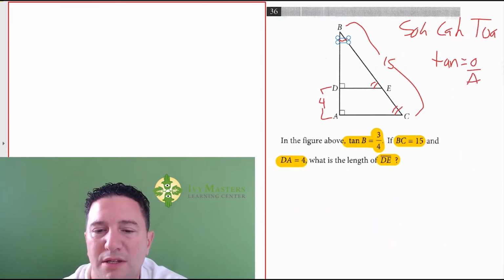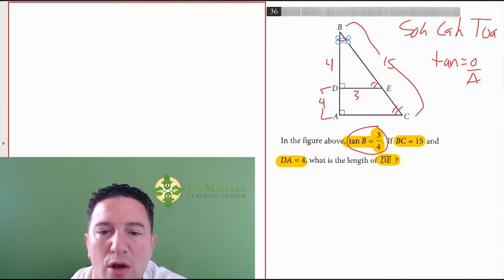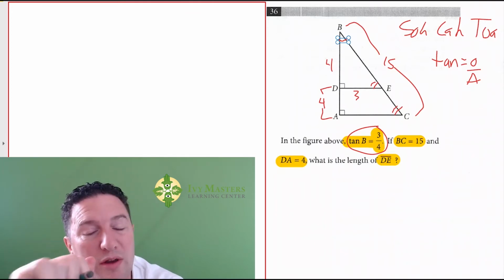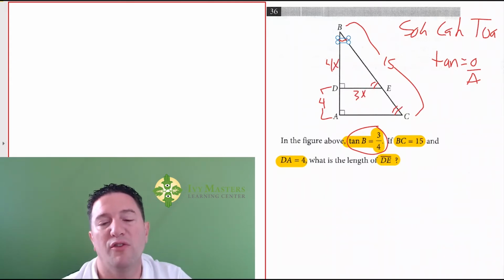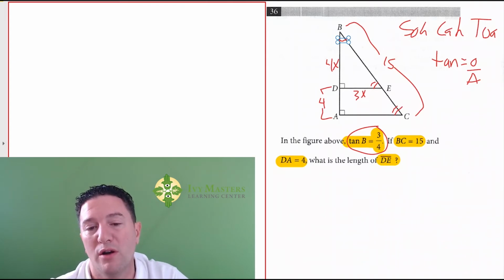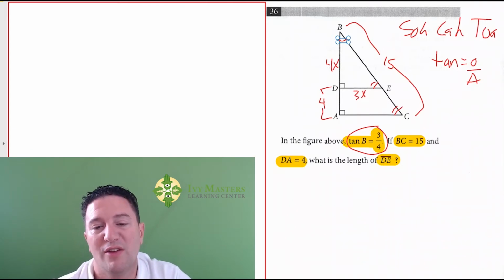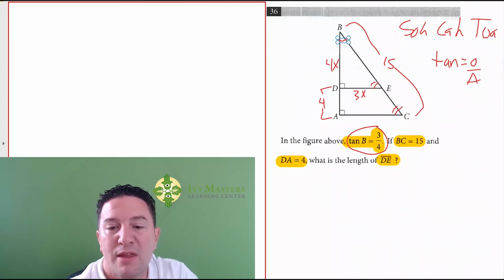So what's opposite? 3, because the tangent is 3 over 4, and adjacent is 4. But we don't know that those measures are 3 and 4, and chances are they're likely not 3 and 4. So I'm going to put 3x and 4x. That maintains the ratio: if x is 1, then the sides are 3 and 4. If x is 2, then the sides are 6 and 8.